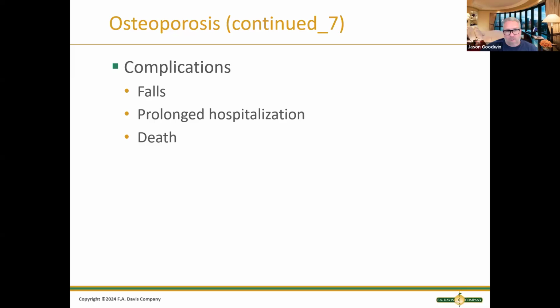They're at risk for a prolonged hospital stay, which comes with its own set of complications. And then, of course, death is something that can be an outcome of somebody that has a prolonged hospitalization. The longer you're in the hospital, the more you're going to deteriorate, right? Not to mention infection or whatever else. So it's pretty serious.